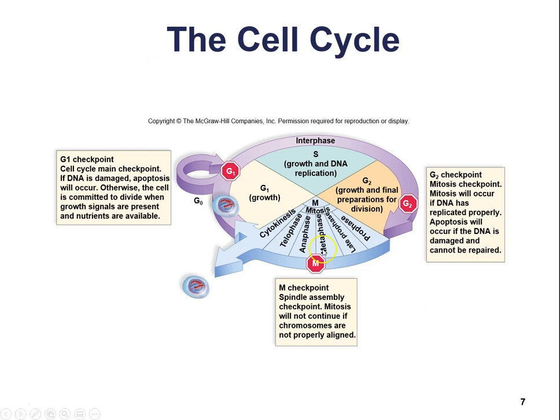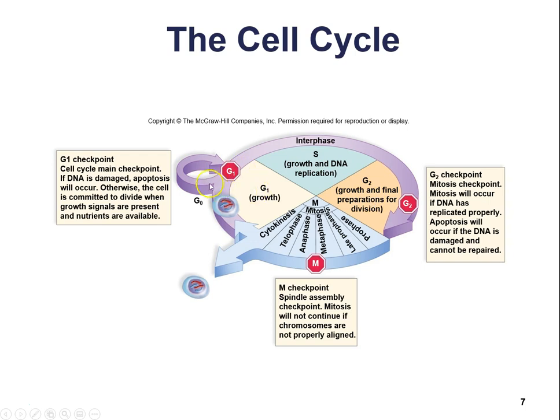All right, so if we look at this figure here, it's showing you the phases of the cell cycle. Remember, we talked about the two main stages being interphase and the mitotic stage, okay? And then we can break down interphase into these three phases here: G1, S, and G2, we talked about that.